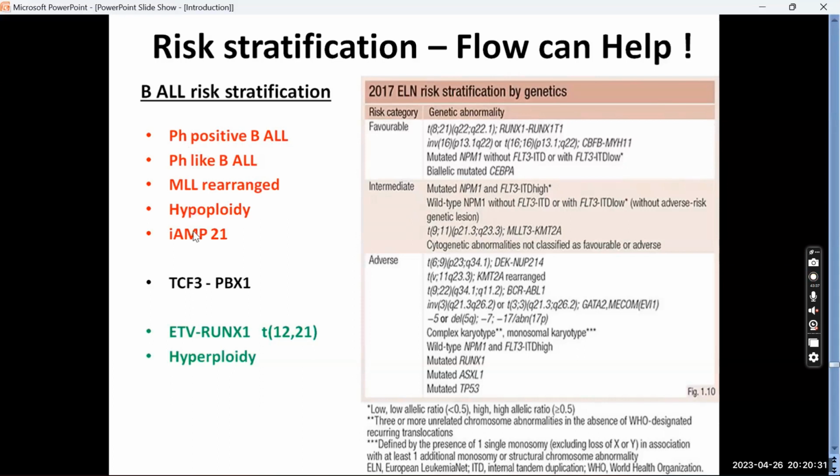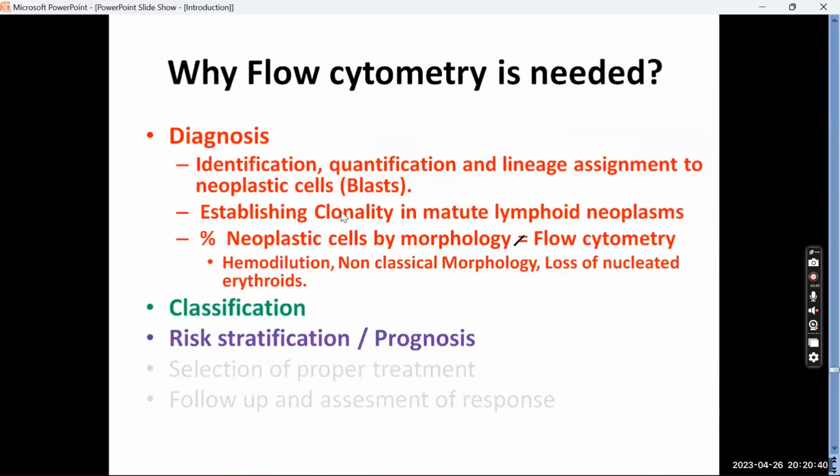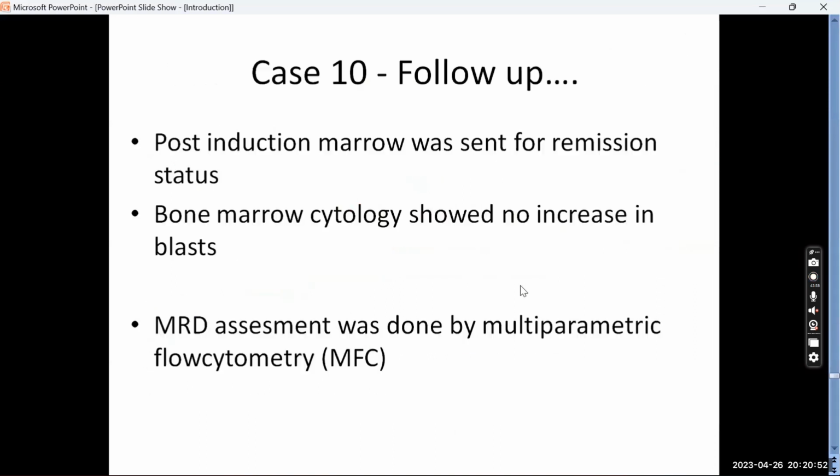Hypodiploidy, I told you. And there are some cases which you can't solve; of course, some things can't be done by flow cytometry. But in the other cases, yes, flow can help you in risk stratifying the cases. So apart from diagnosis, it helps you classify the leukemias. It can also help you predict the prognosis or risk stratify the cases. That is great about flow cytometry.